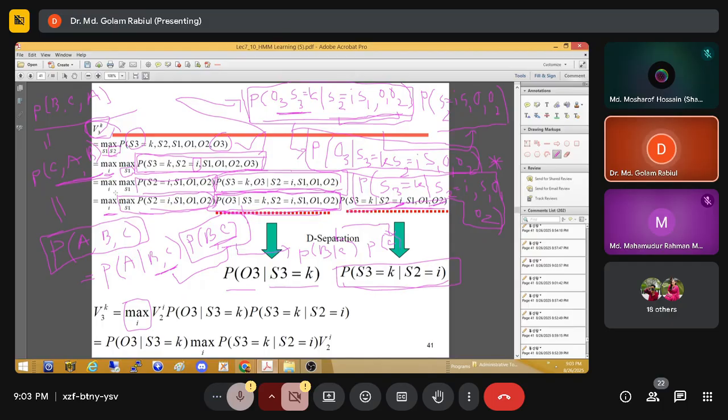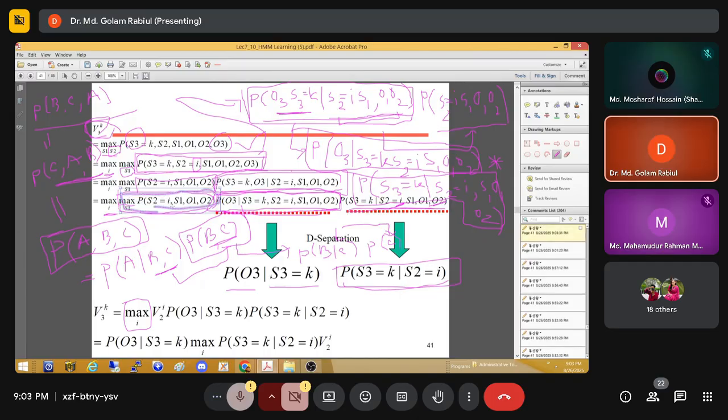So now for this one, we can represent it as our V2K. Why? Because here is the S2 and the last observation is O2, and we know S2 equal I. And we want to maximize just S1. So here is S2 equal I, and this is O2. So we can write this one as our V2I.